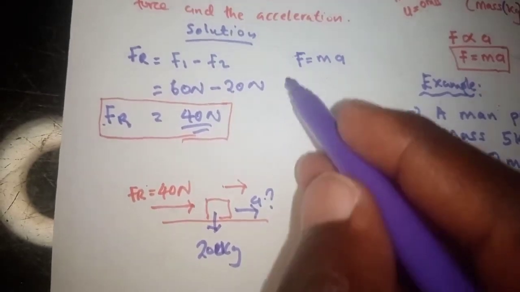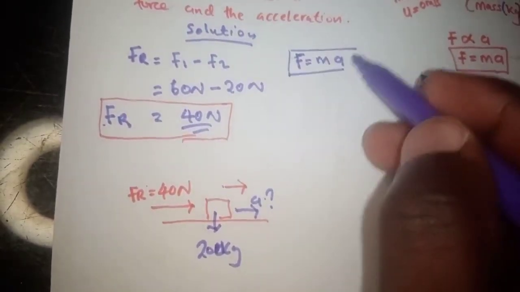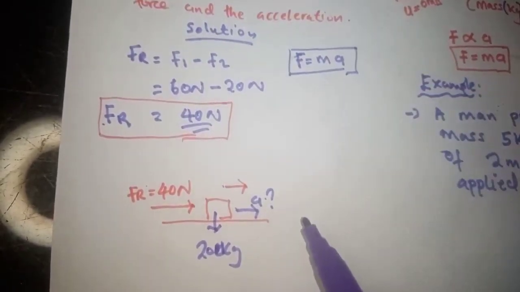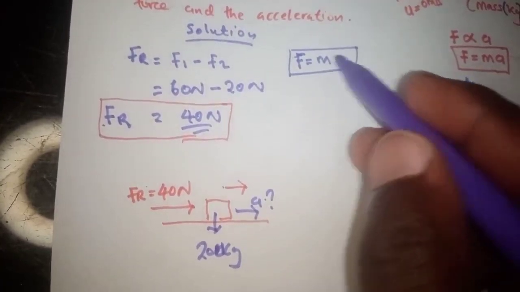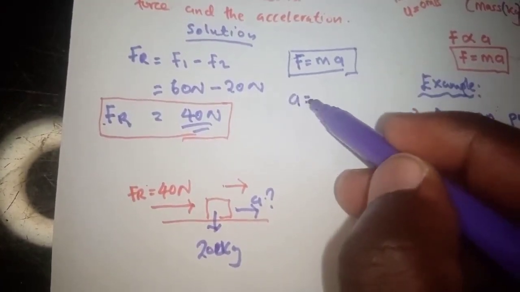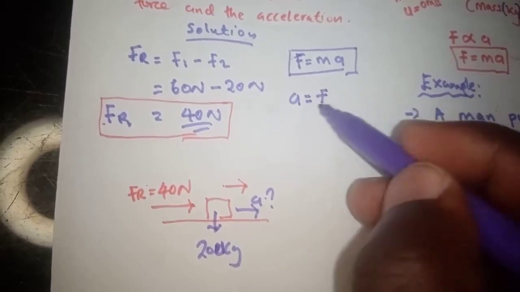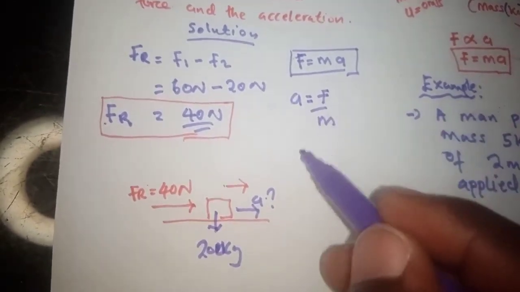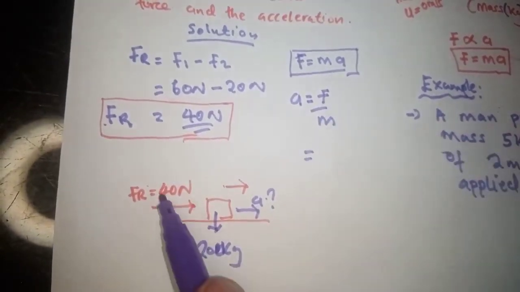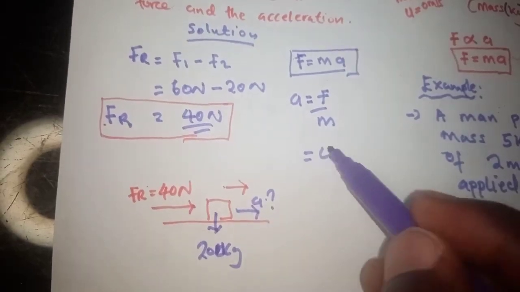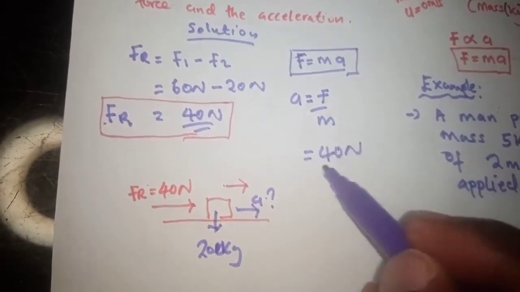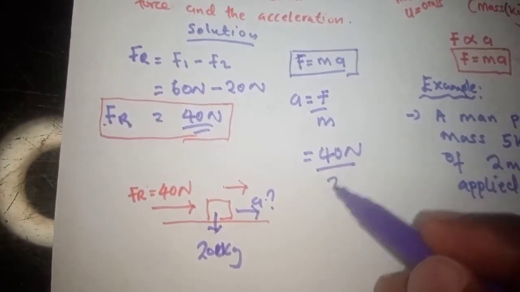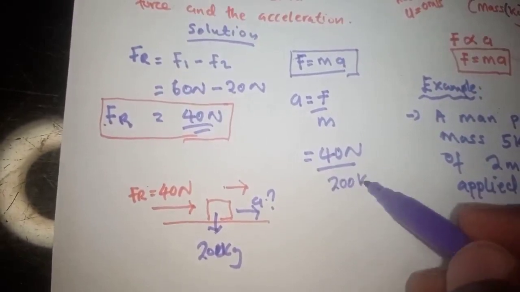We know that force is equal to mass times acceleration. Changing the subject of the formula to acceleration, you get acceleration equals force over mass. The resultant force is 40 newtons over the mass, which is 200 kg.